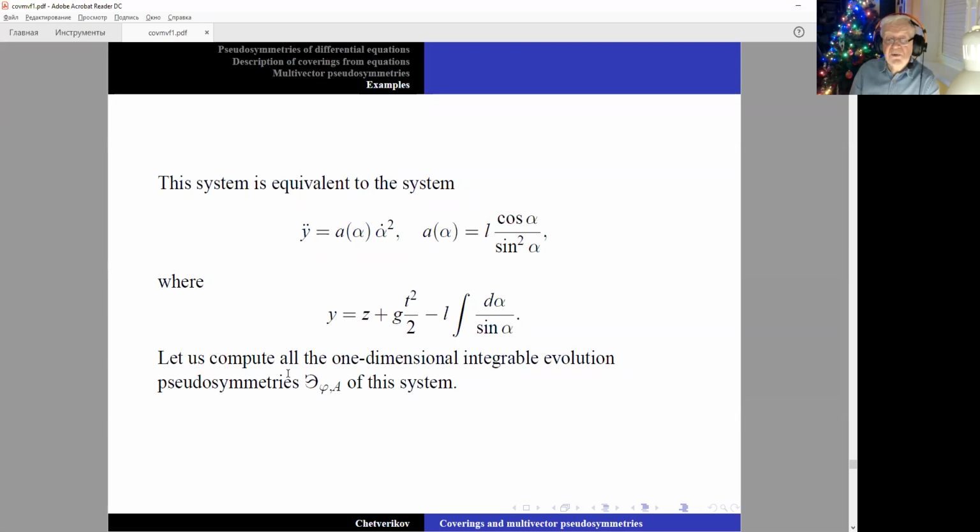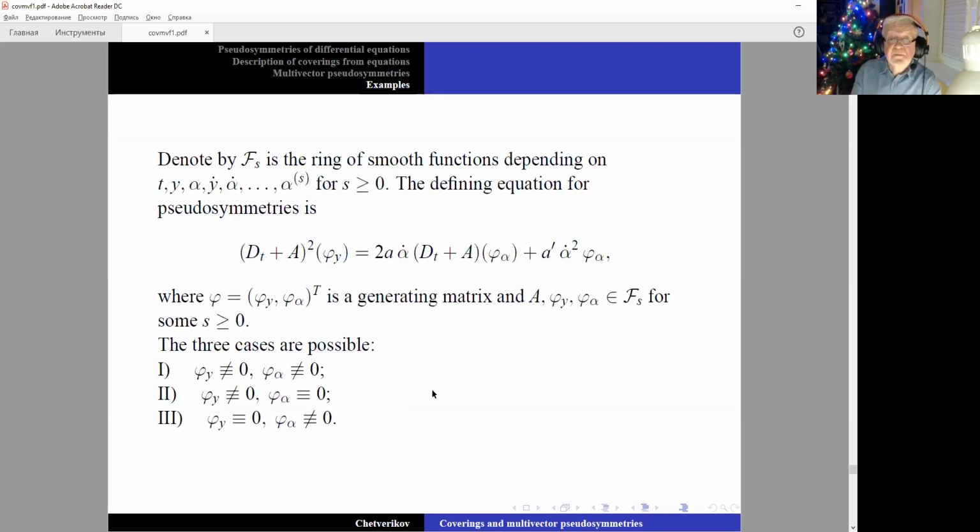Let us compute all the one-dimensional integrable evolution pseudosymmetries of this system. Denote by Fs the ring of smooth functions depending on this set of variables.